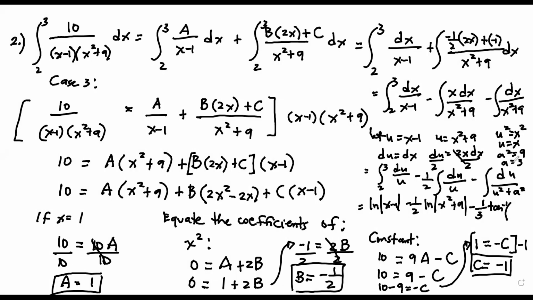So you will have inverse tan u over a, that's x over 3, plus the definite integral from 2 to 3.